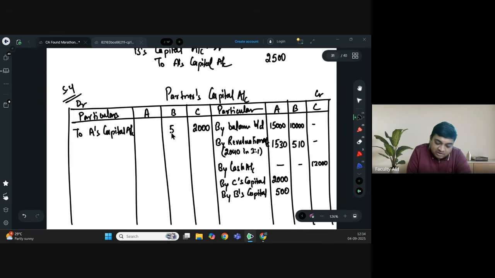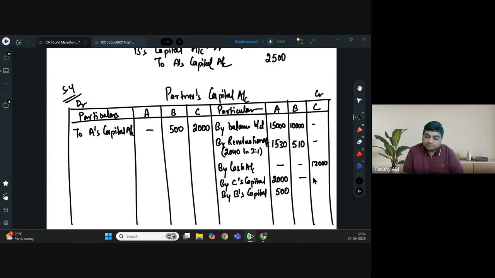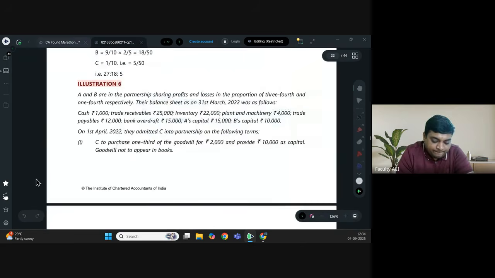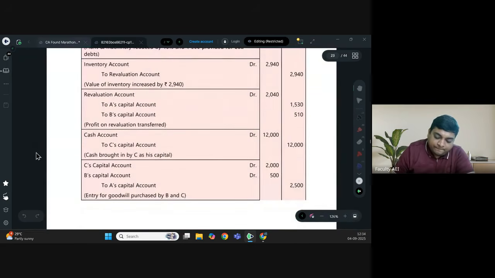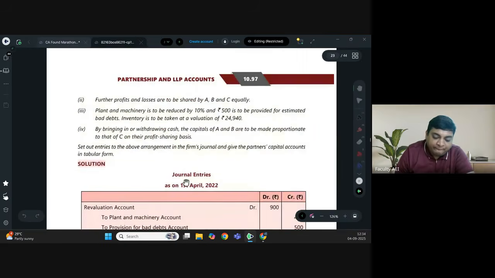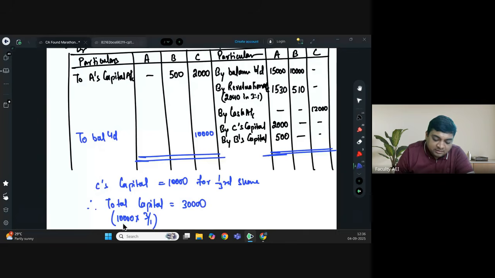We can write the amount in B's column, right? Now read this paragraph.